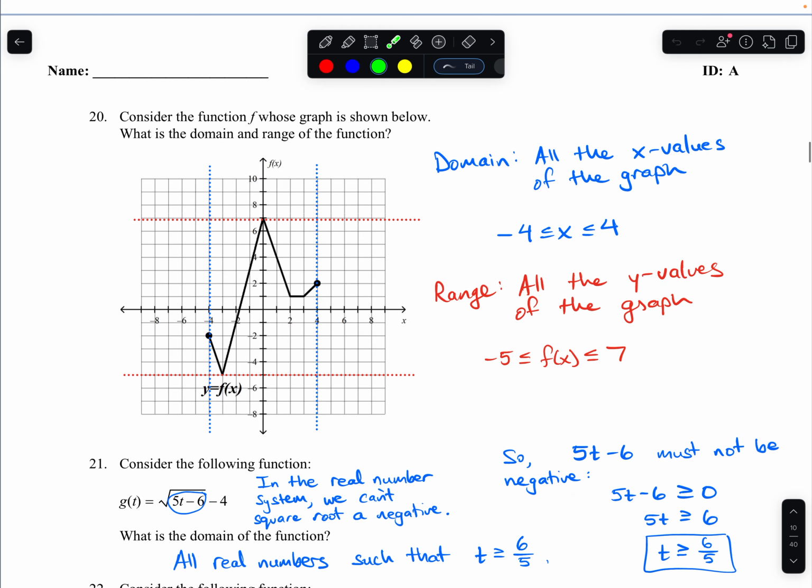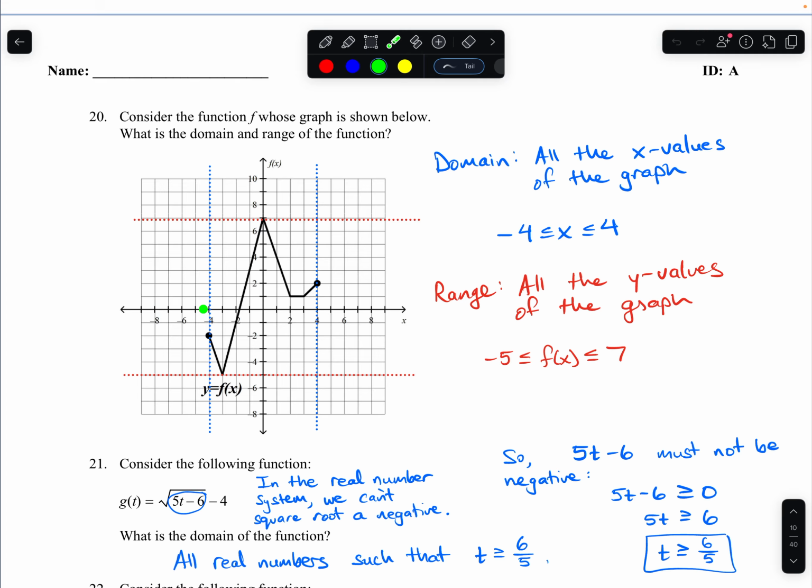Number 20, consider the function f whose graph is shown below. What's the domain and what's the range? Remember, the domain is all the x values of the graph. So if you were to ask me, what's the y-coordinate of the graph when x is negative 8? I can't tell you. The function's not defined at negative 8.